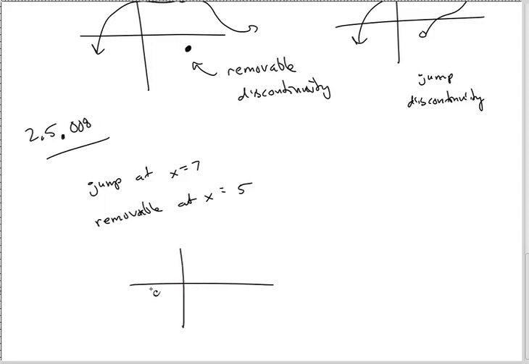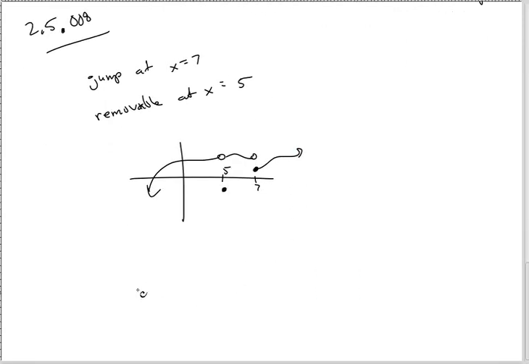I'm not sure exactly how this problem is set up, if it's multiple choice or something. I cannot remember. But it probably looks something like this. This would be here at 5, and this would be here at 7. Okay, well, there you go. Ta-da!